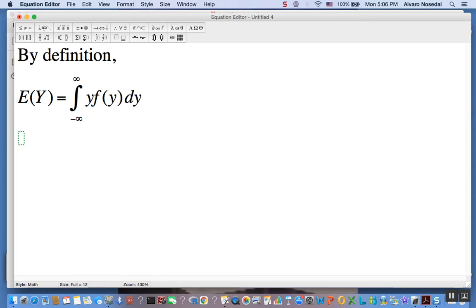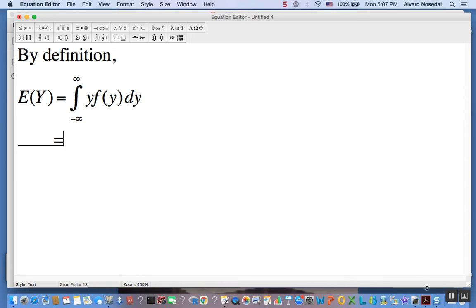Now in this specific case, what we said is that the PDF will be 1 over theta 2 minus theta 1 between theta 1 and theta 2, and it's going to be 0 elsewhere.